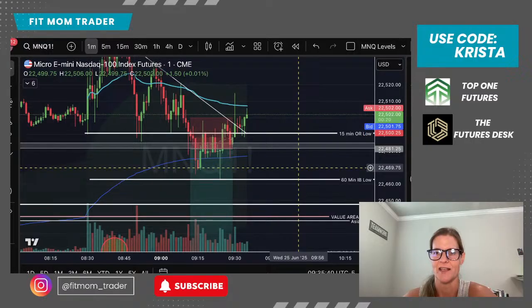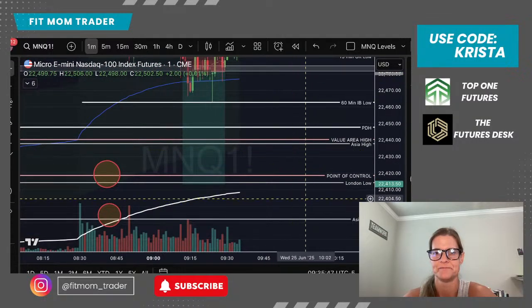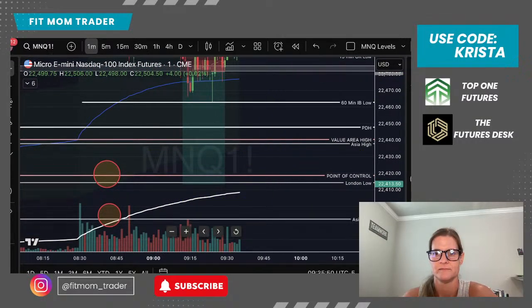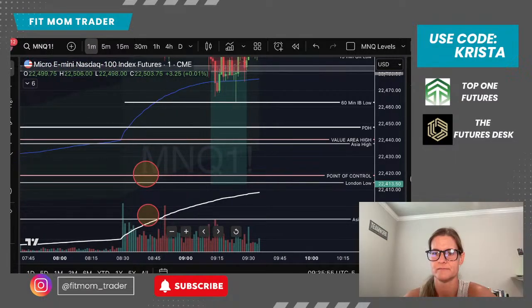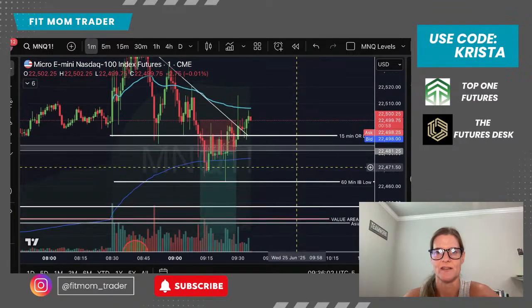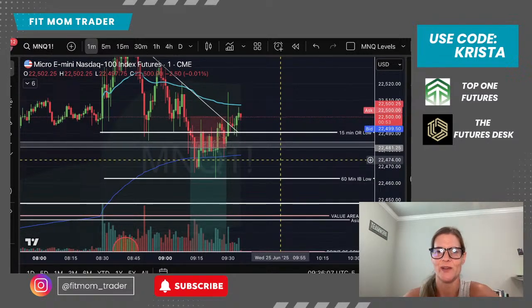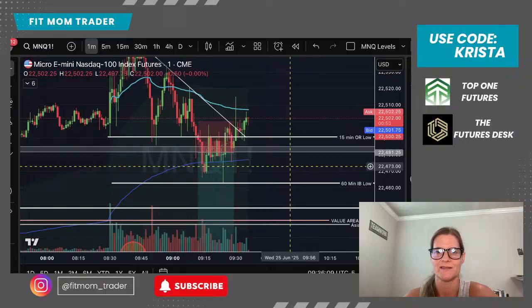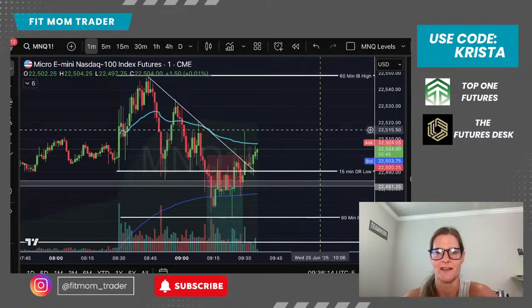Lost Texan says he's not interested in a long unless we get down to 400. All the way down here. We're still rejecting that VWAP. Why do I have such an urge to take shorts on a day where we're hitting all-time highs?